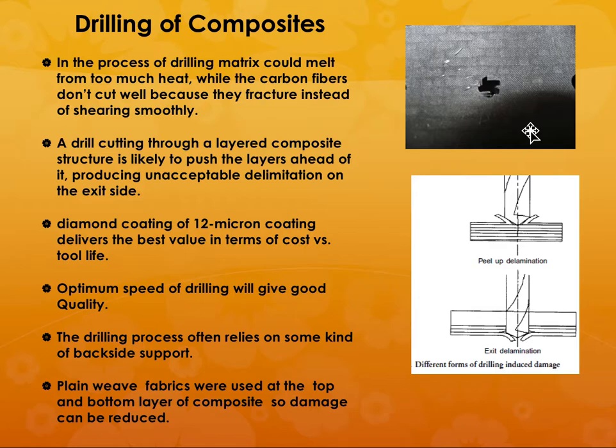So what happens is that if you have a very thick cross section, it becomes extremely tough to push through the whole composite material, and in this case you would end up with localized areas of melting, and you may even have unacceptable delamination on the exit side.